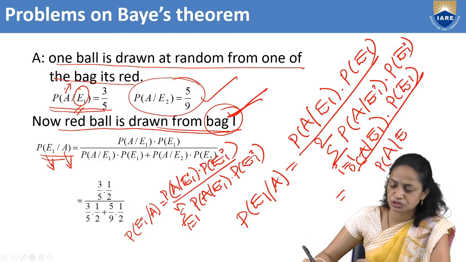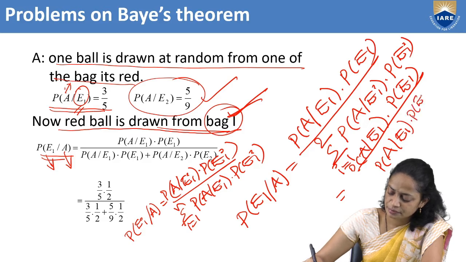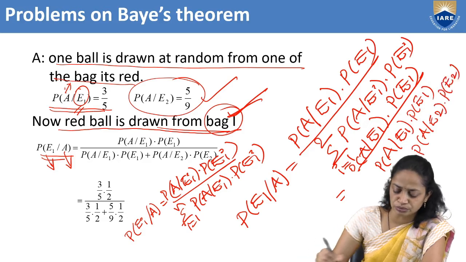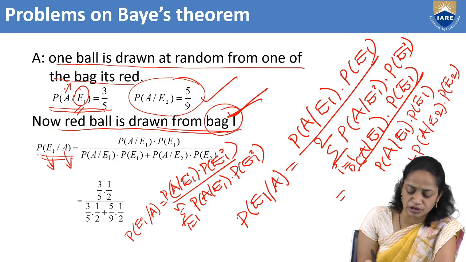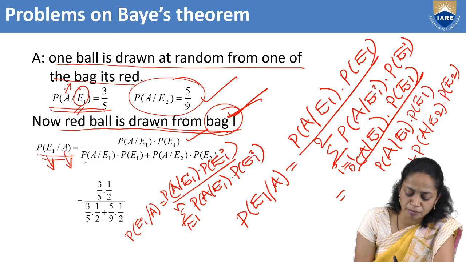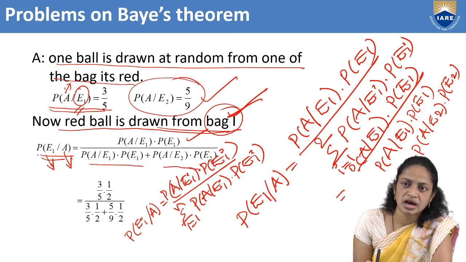First we substitute i equal to 1 here, plus probability of A given E2 into P of E2. So probability of E1 given A equals probability of A given E1 into P of E1, divided by probability of A given E1 into P of E1 plus probability of A given E2 into P of E2.